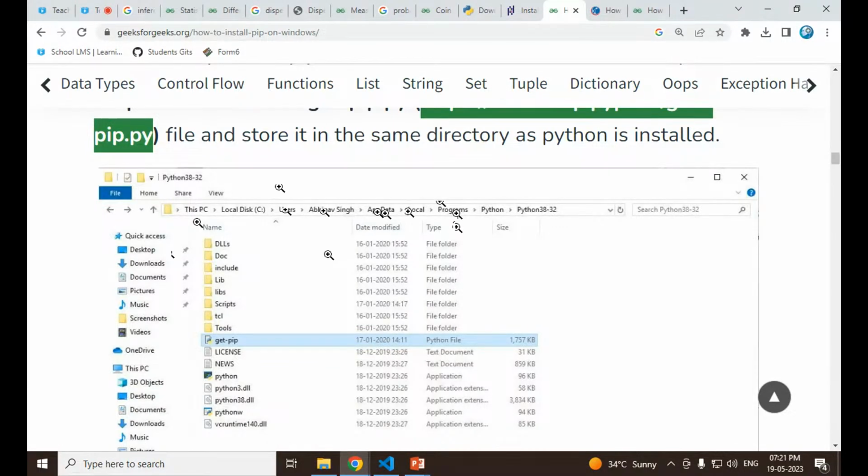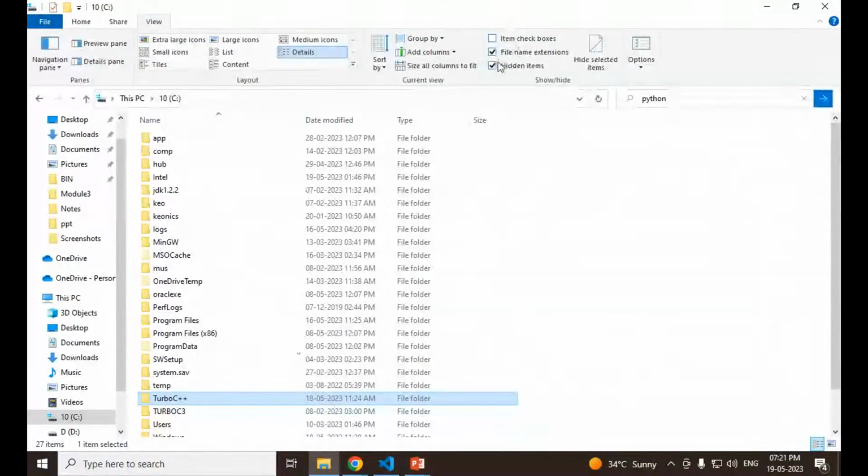Go to this place, just a second. Go to View. Here we have the hidden items checkbox. Is it unchecked or checked? Check it, hidden items is unchecked. Click on that.